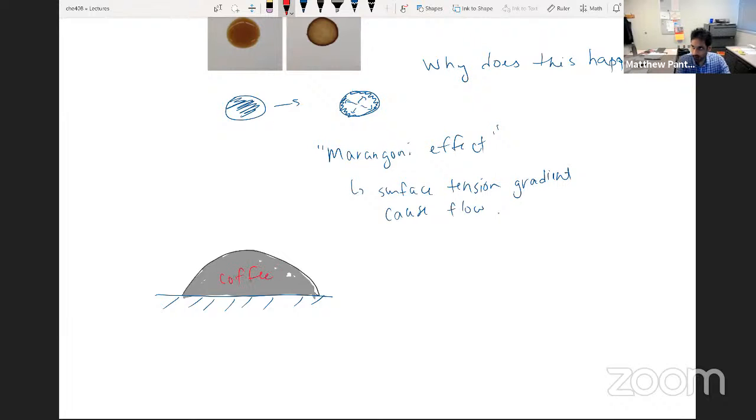Say we spilled our coffee on our desk. It starts evaporating, because we have some non-100% relative humidity condition, so it will begin to evaporate.